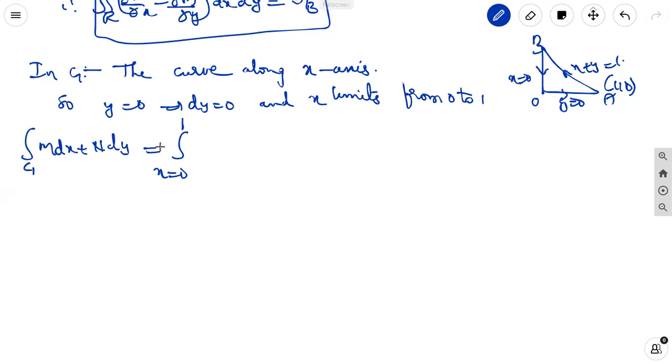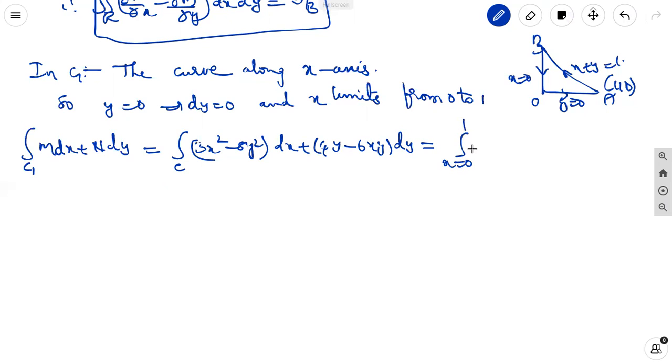So the integral over C1 of M dx plus N dy is equal to the integral with x limits from 0 to 1.